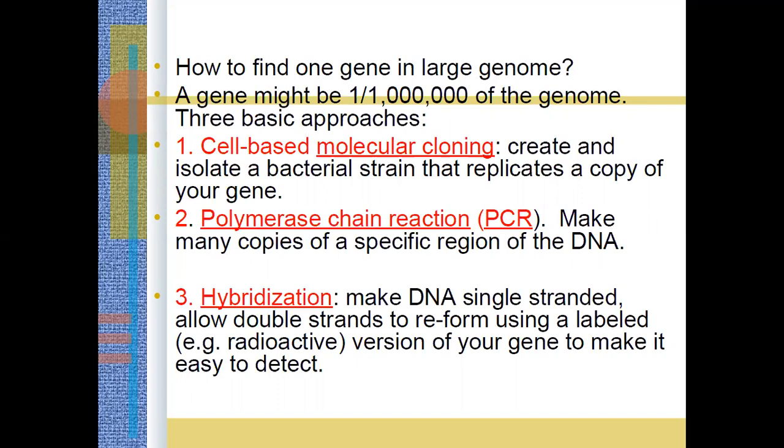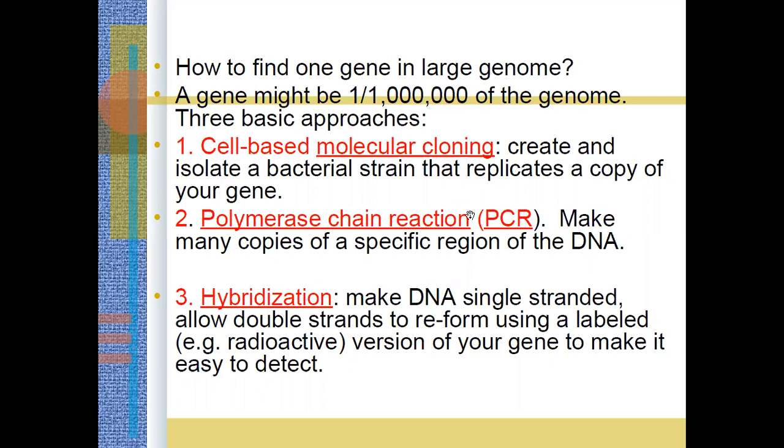So a gene is replicated in a prokaryote, which is a bacterial strain, and this helps in the cloning, or the creation of a large quantity of the gene of interest.